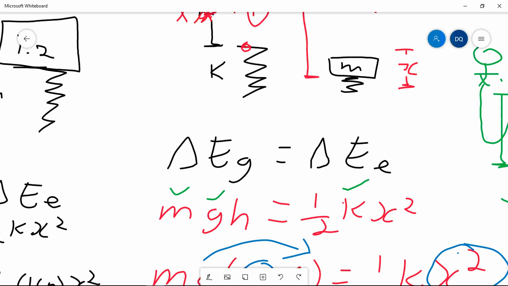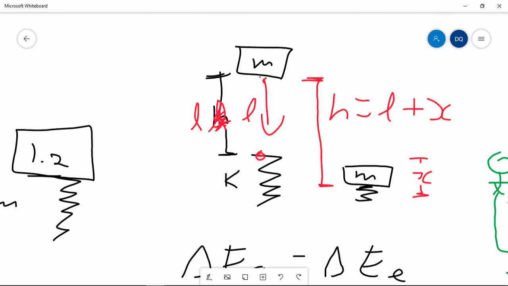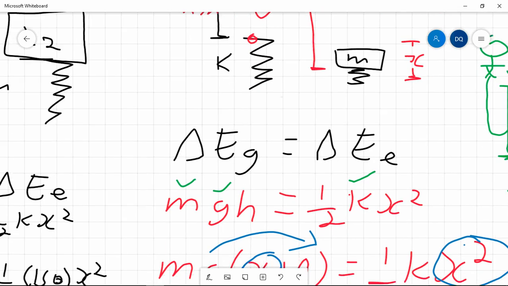However, you're going to end up with a quadratic because h and x are not equal to each other, but they are close. They're just off by the fact that it falls a little while before it hits the spring, so you got to add that in to x to get h.